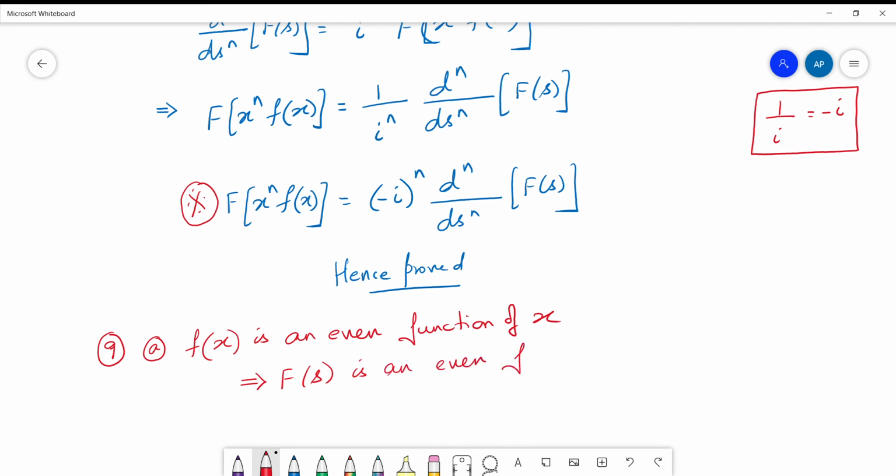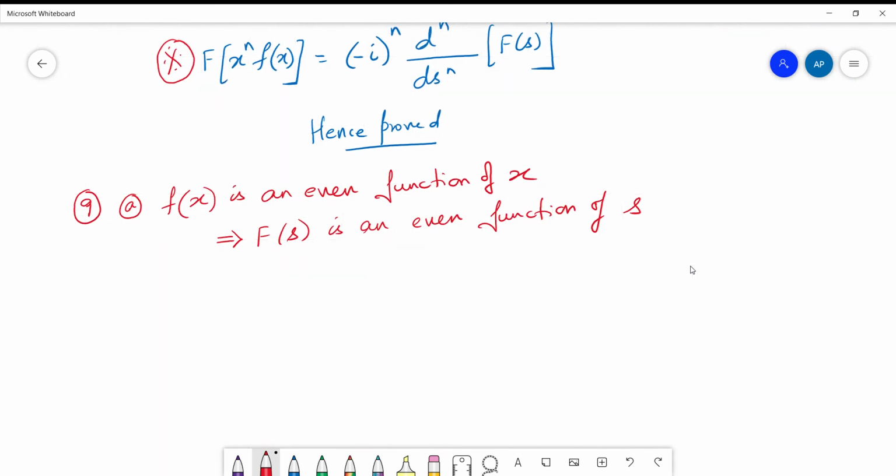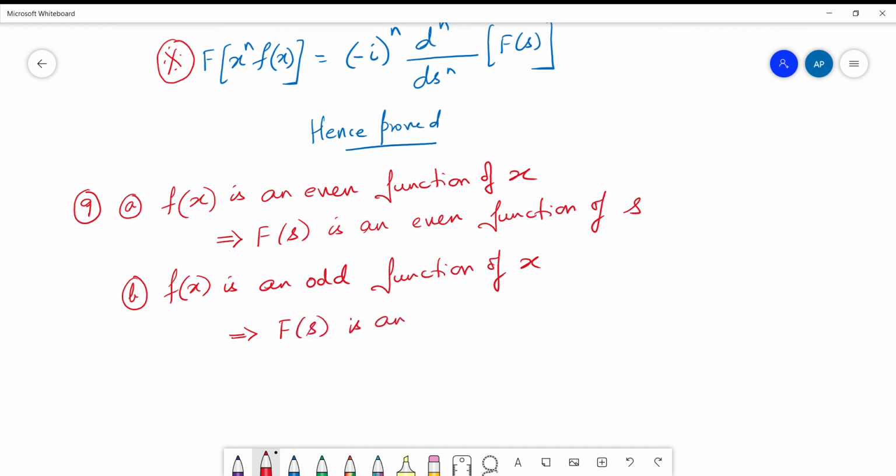Similarly, the second criterion is for an odd function. If f of x is an odd function of the variable x, then its corresponding Fourier transform will also be an odd function of the variable s.